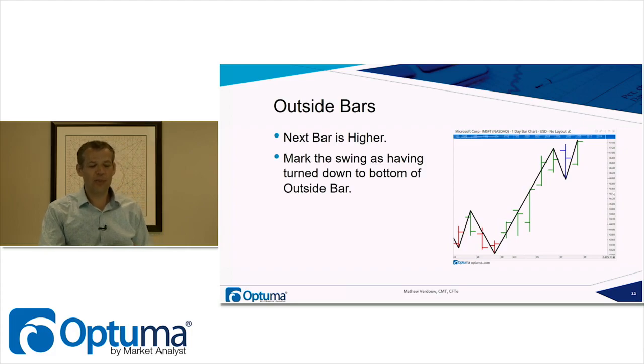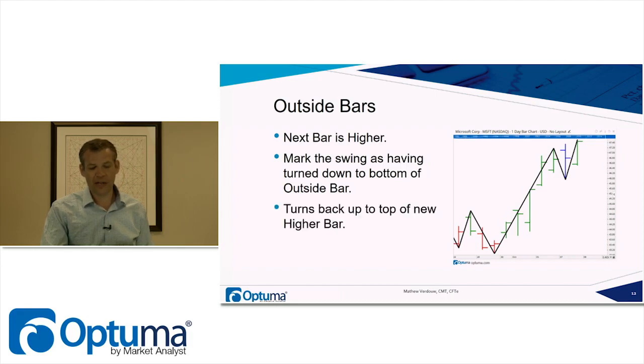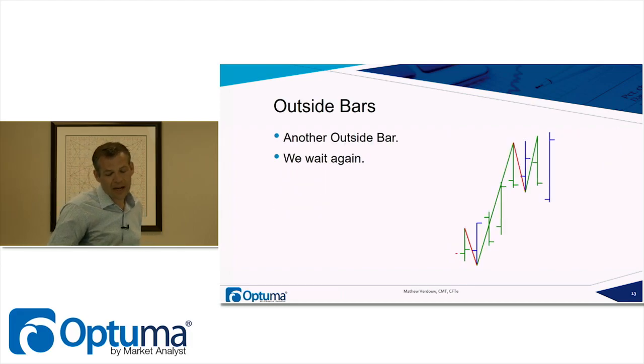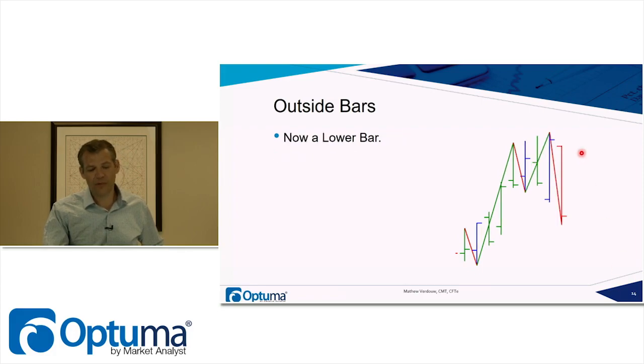So we mark the swing as having turned down first and then going up to the top of our new higher bar. Again, another example: we get another outside bar, and we wait. This time we've got a lower bar, so we say that the top of the swing went from here over to the top of the outside bar, and then it comes down.